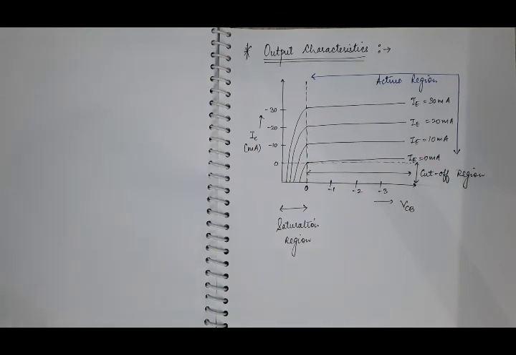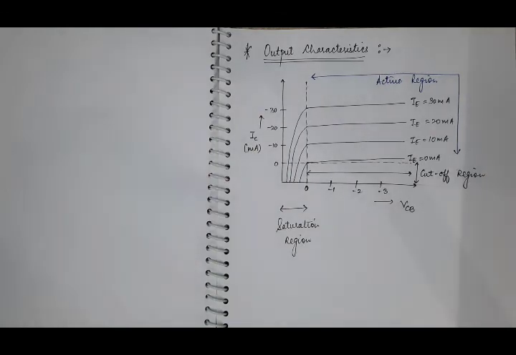As these are the output characteristics, we will study the variation of output current with output voltage, but at a fixed value of input current. So at different fixed values of input current, we will study the variation of output current with output voltage.